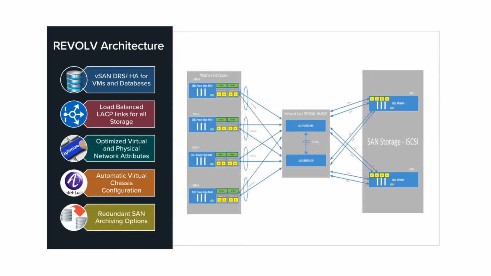And the final note, just to discuss the redundant architecture options that we have in the SAN, meaning that you have the option to do 1 or 2 SANs. But keep in mind, in this diagram, I'm actually only showing us using 4 ports off the controllers. We are spacing those 4 ports on the SAN controllers across controller 1 and controller 2.